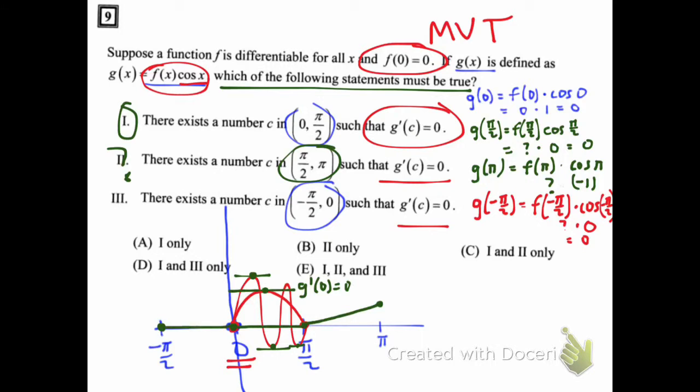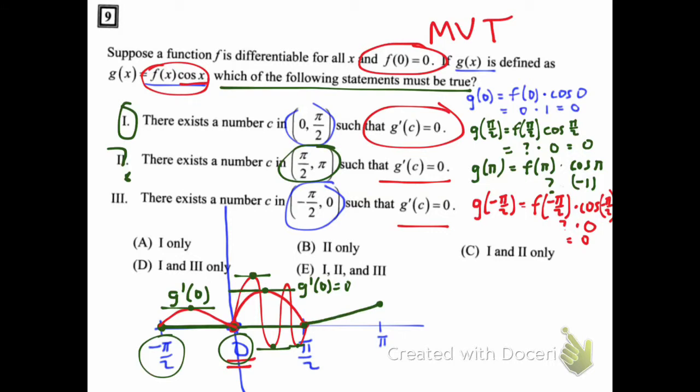So the average rate of change of g on the interval from negative pi over 2 to 0 happens to be 0. In between, it could go up like that, or come down like this. We're not sure what it looks like, and we don't really care. What we do care about, guys, is that somewhere along the way, because of the mean value theorem, g prime must equal the average rate of change.